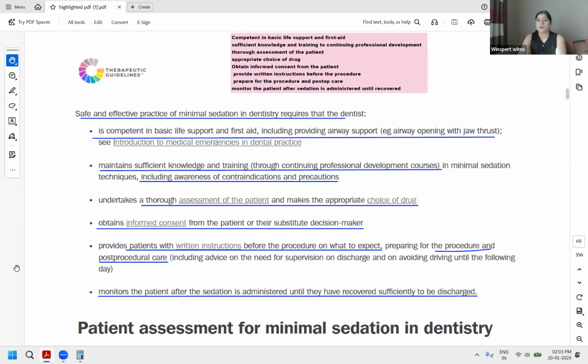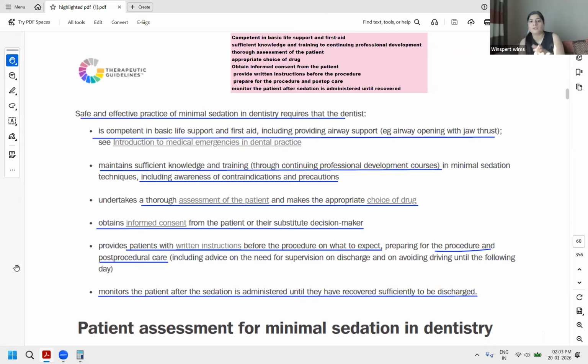That is why the dentist planning to do it should be competent in both basic life support and first aid. They should have sufficient knowledge and training and continue their CPD programs on the same techniques. First do a thorough assessment of the patient for case selection and then choose the correct method, whether nitrous or BDCs.